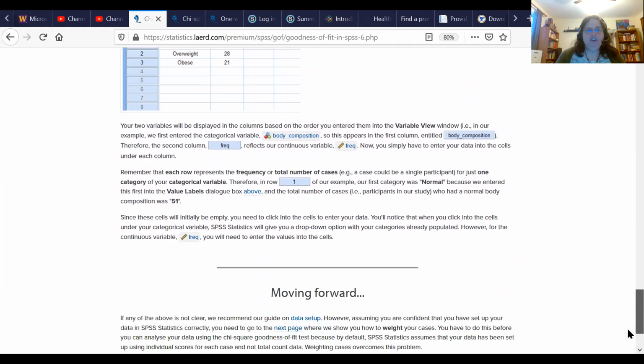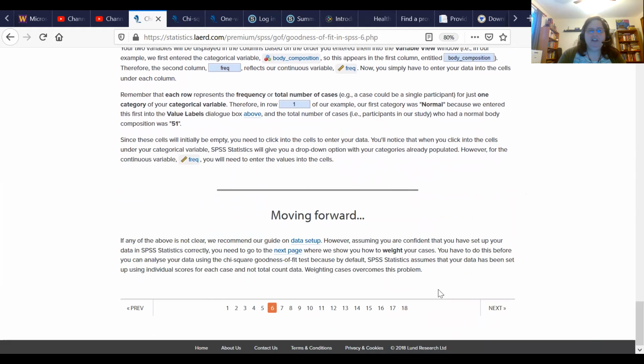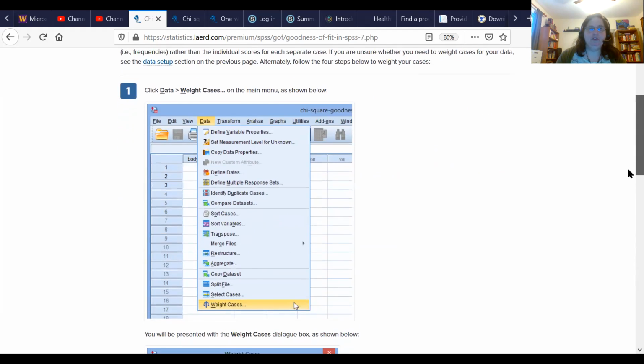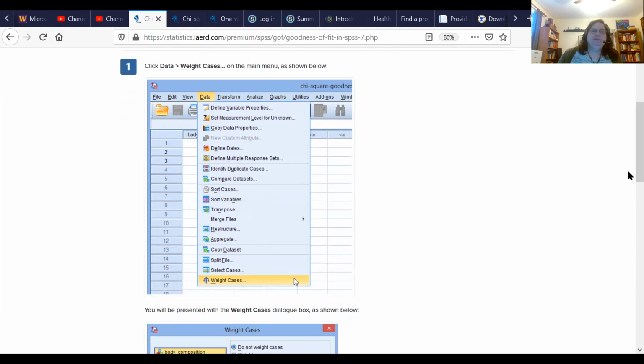Okay. So here's the thing. We have to tell SPSS that that really represents 51 people, right? The normal really represents 51 people, and so on and so forth. So here's how you do it.